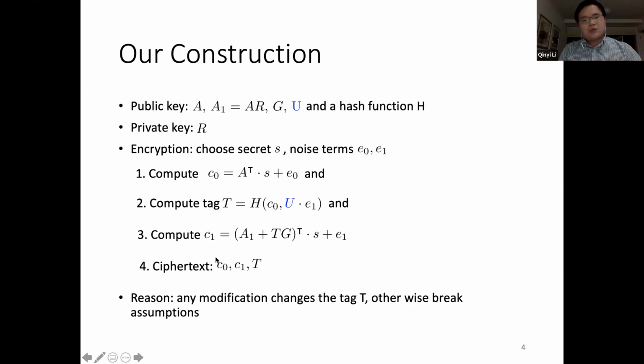By doing this, we end up with exactly the same ciphertext size. But the idea is that because this tag comes from the hash of the ciphertext and the syndrome hash of the noise, if you want to change any part of the ciphertext, you have to change the tag. So the simulator in the security proof can answer the decryption queries. That is the idea.